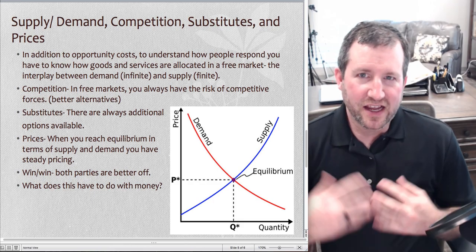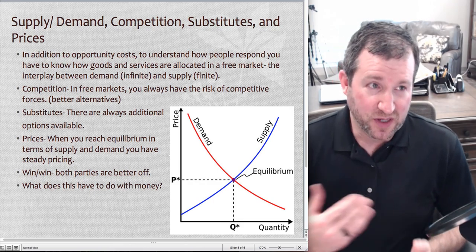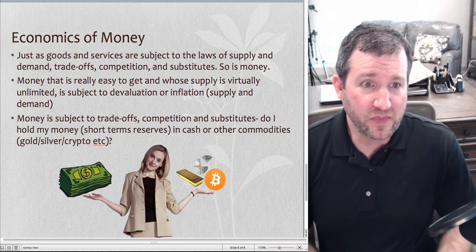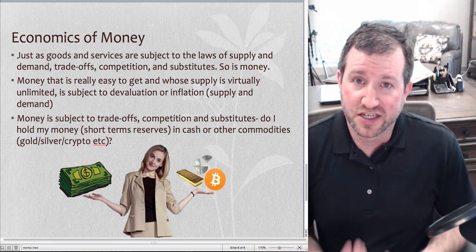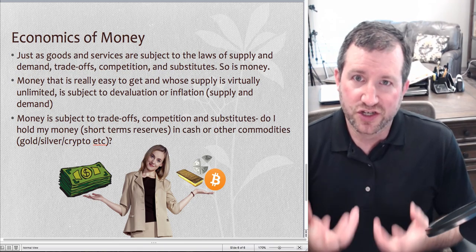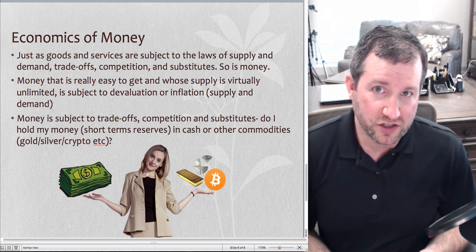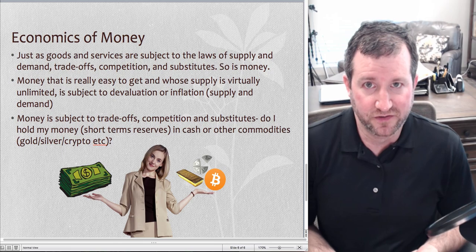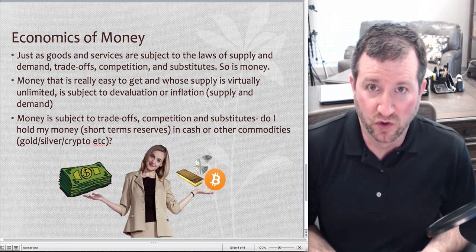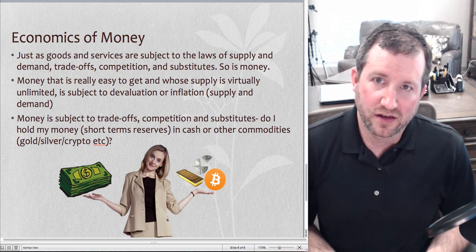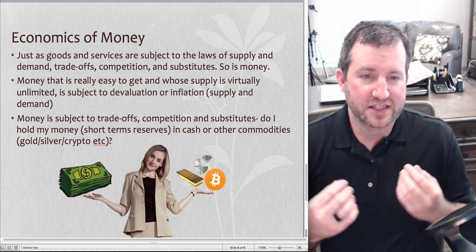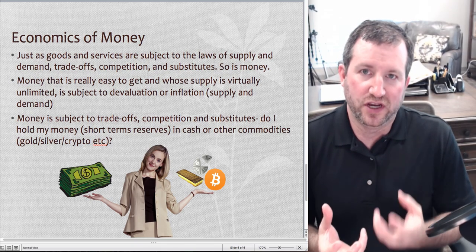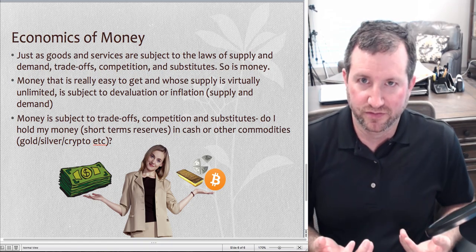Well, the economics of goods and services, supply and demand, trade-offs, competition, and substitutes, just as goods and services are subject to those laws and those rules and those aspects of how economics works, so is money, right? Money is yet another kind of good, right? It's something that we use to transmit value between each other, right?